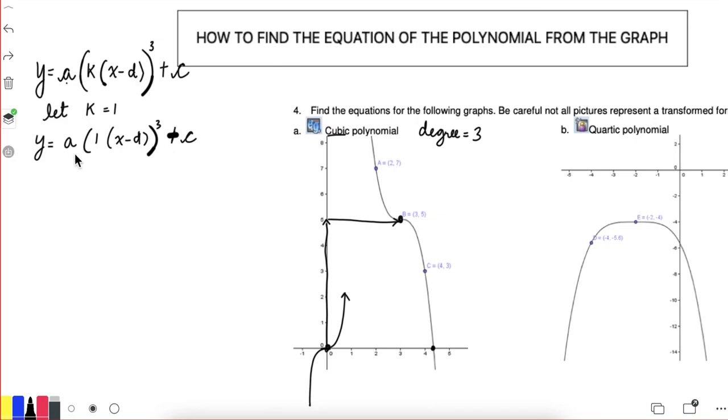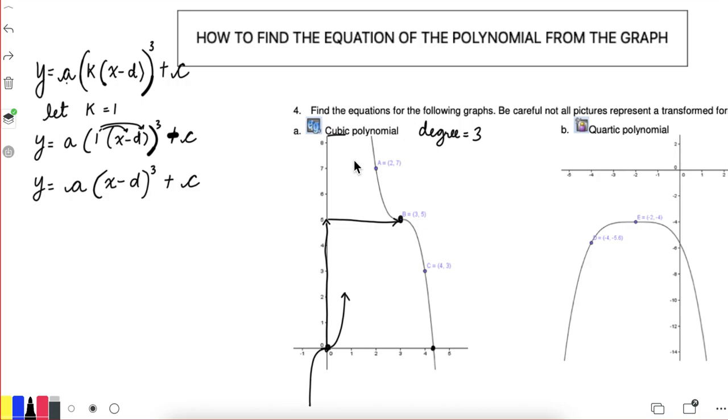Everything is the same, we just replace k with 1, and 1 times x is just x, and 1 times negative d is just negative d. So we have y equals a times (x minus d) to the power of 3 plus c.